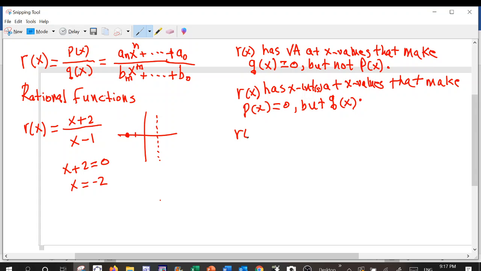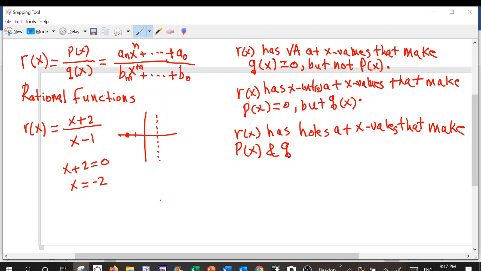Well, we know that r of x has a hole, or we can say has actually holes, so we can make it plural, holes at x values that make p of x and q of x 0.